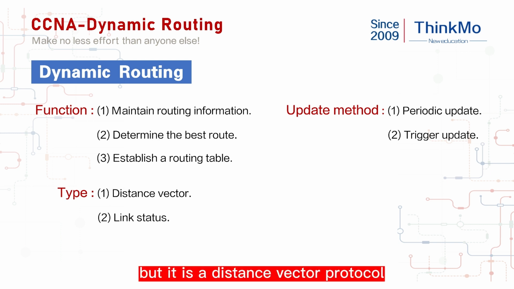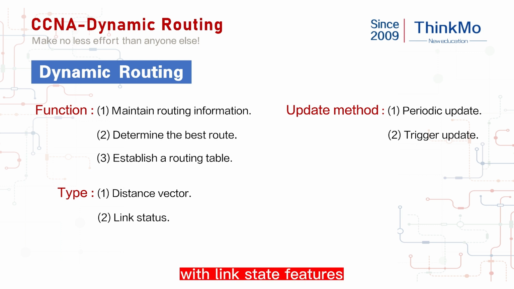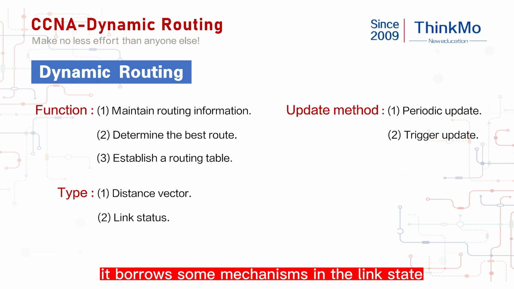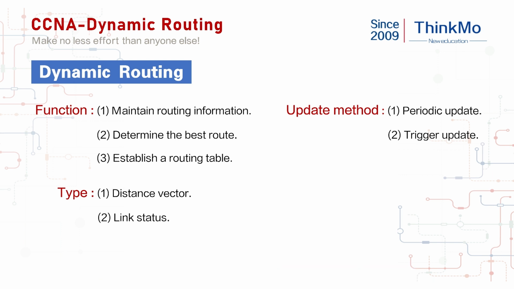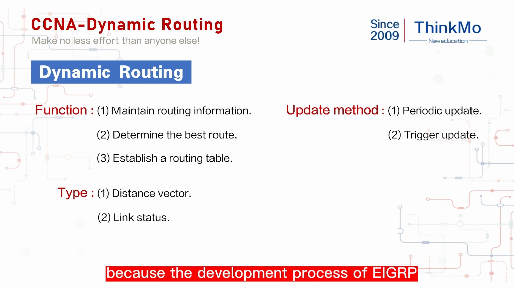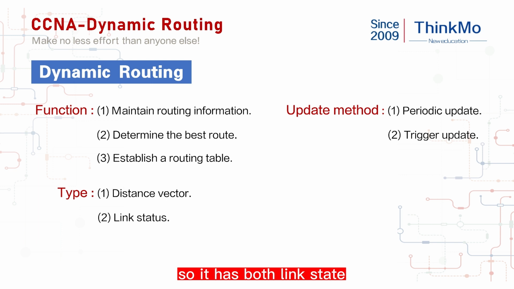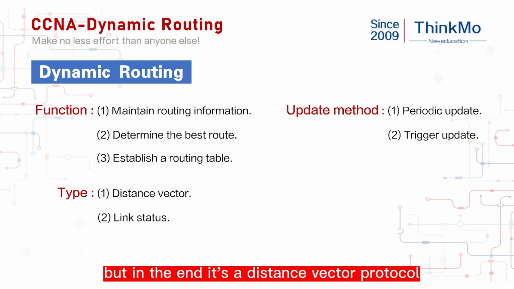But it is a distance vector protocol with link state features. It has some characteristics of link state. It borrows some mechanisms from link state, because the development process of EIGRP refers to some public protocol factors. So it has both link state and distance vector features, but in the end it's a distance vector protocol.